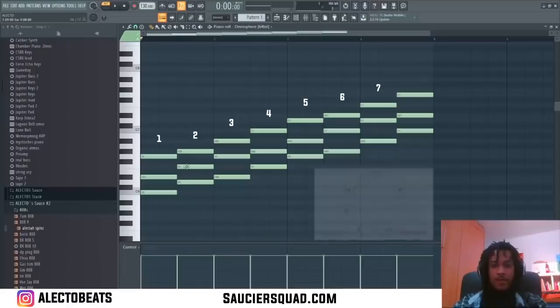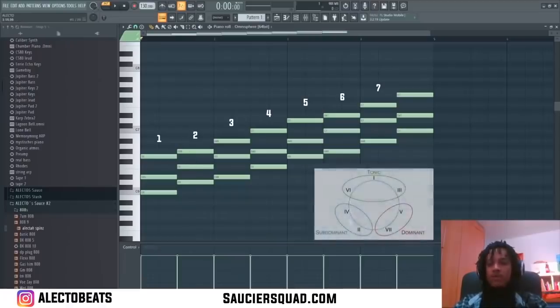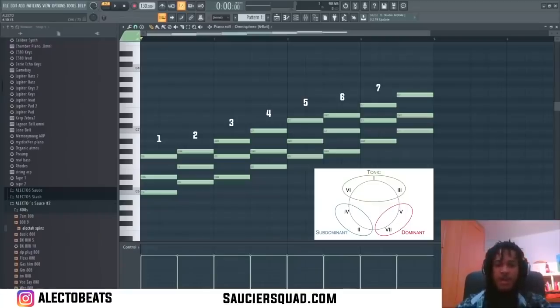And I will show you a little image here to understand what the different functions of the chords are. So basically, a tonic chord is a chord that has little to no tension, and it's there to resolve the progression. And then there's the contrast to that, and that is called the dominant chord. And those dominant chords hold the most tension.